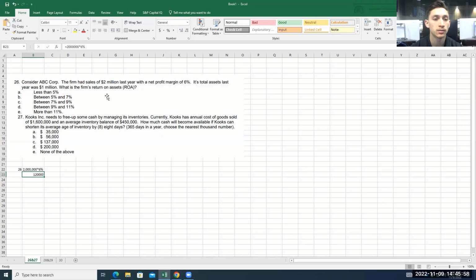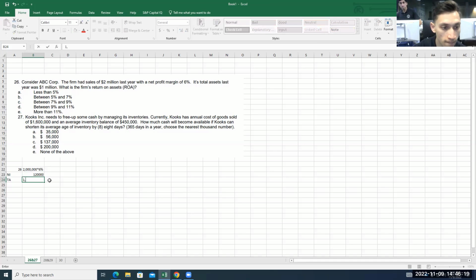To get our return on assets, we need to take our net income and divide it by our total assets. So we calculated 120,000 to be our net income. Our total assets would just be this 1 million. It's given to us. Total assets last year was 1 million.